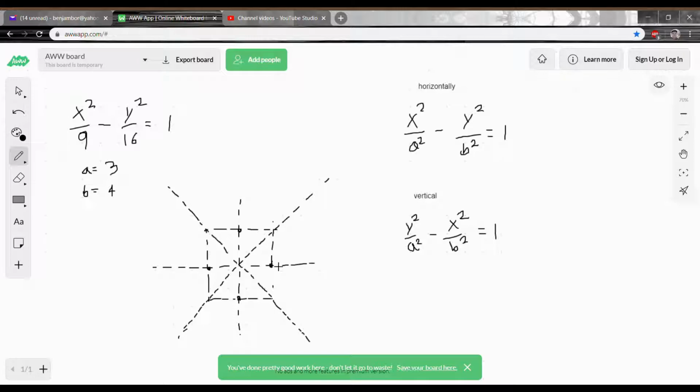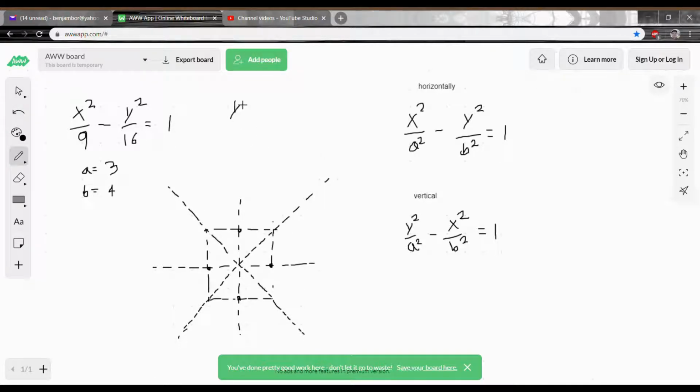It's going to begin at the vertex and open, getting closer to the asymptote, but not touching it. And this is a rough graph of x squared over 9 minus y squared over 16 is equal to 1.